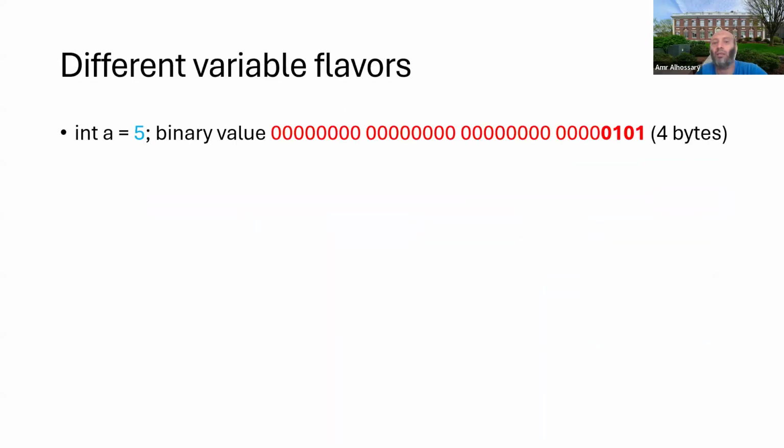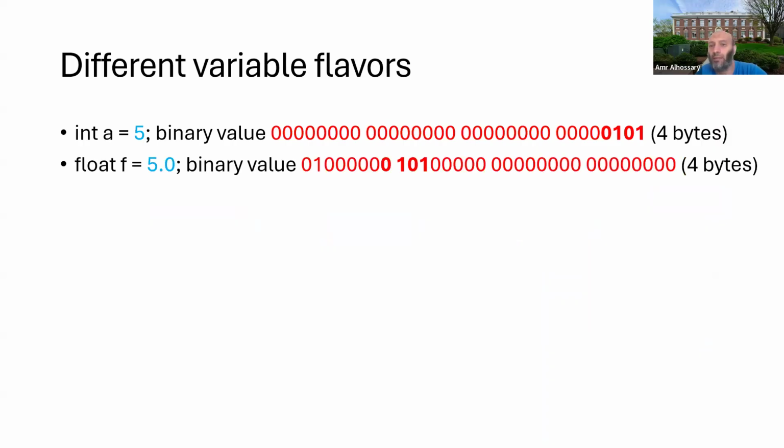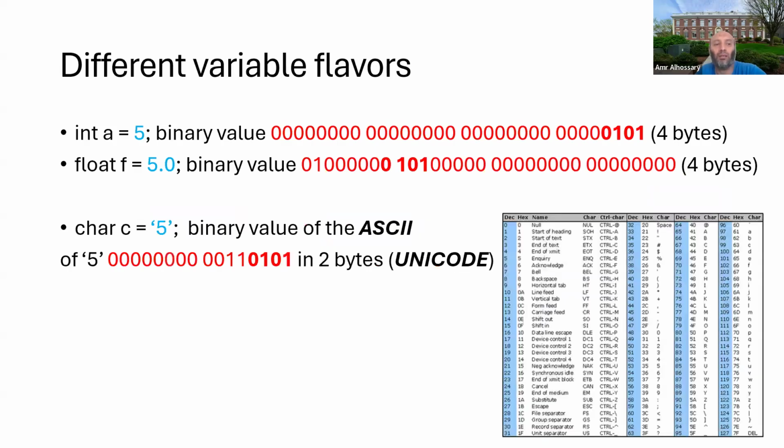So the int contains the value in 4 bytes. The float has the data encoded some other different way in 4 bytes. The character has only 2 bytes, holding the Unicode number of the symbol.